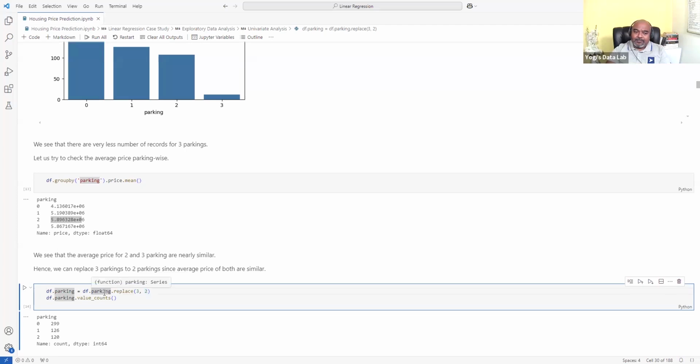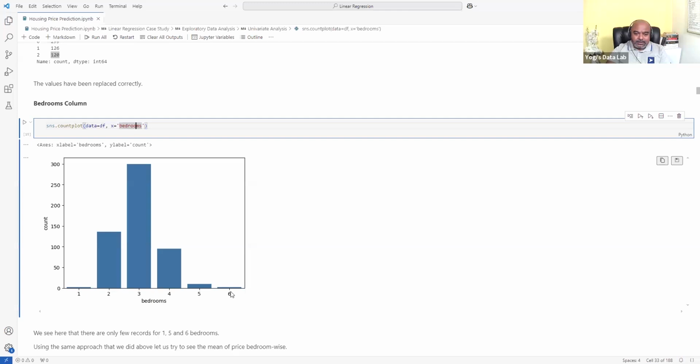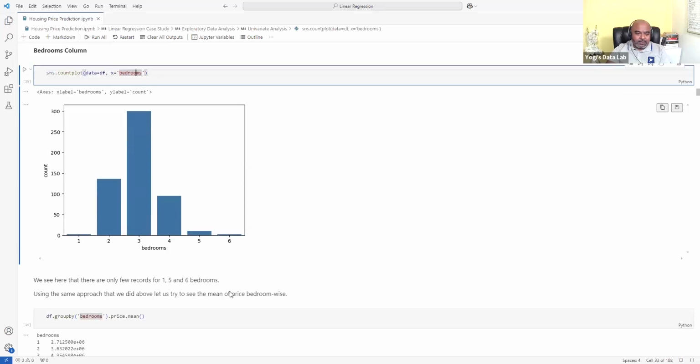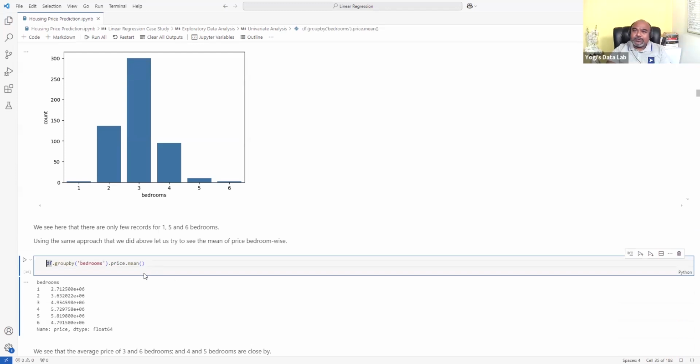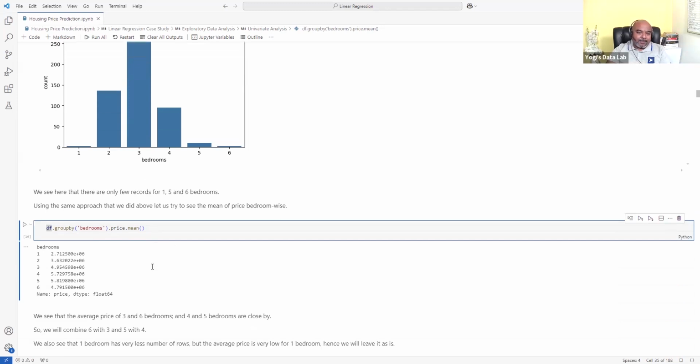Fine. Let's look at the other ones. I'm talking about the number of bedrooms. So I see most of the homes have 3 bedrooms followed by 2 and 4. There are very less homes or houses with 1 bedroom and 6 bedrooms. Fine. So again, we'll follow the same process which we did for parking. I'm going to look at the bedrooms, and I'm going to take the mean of the price.